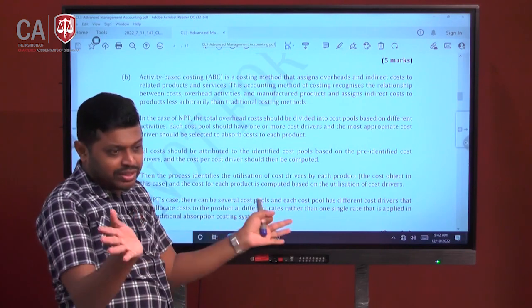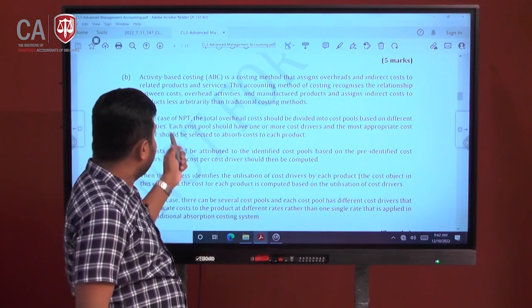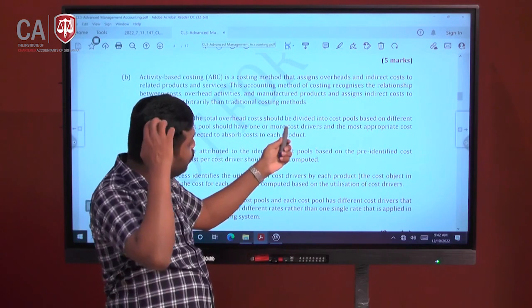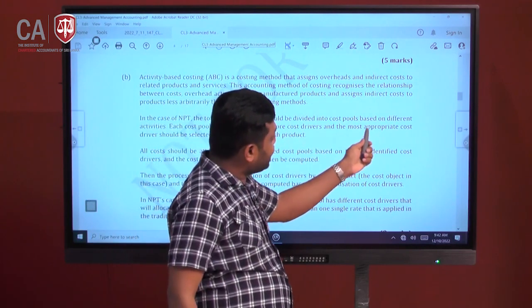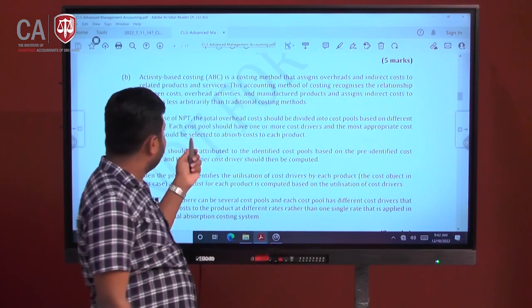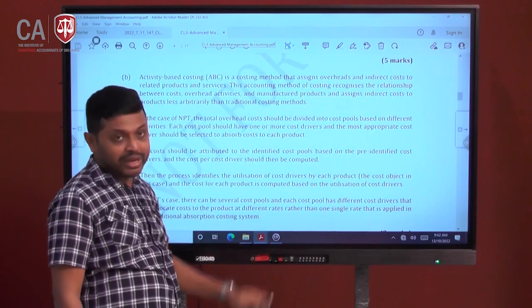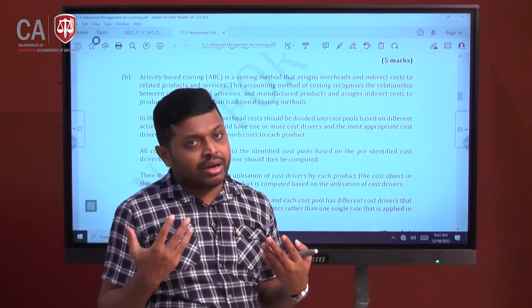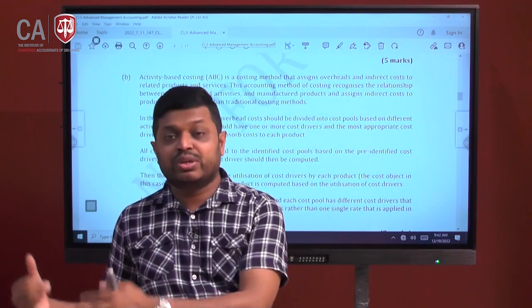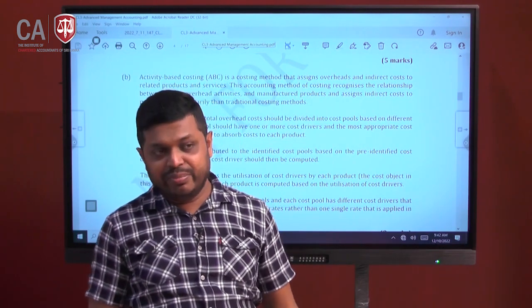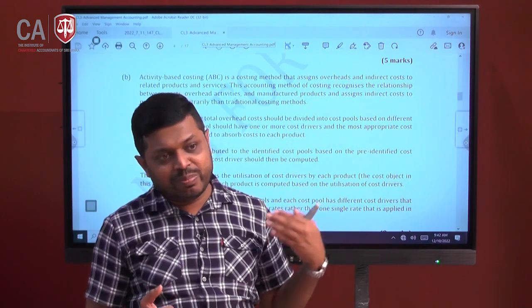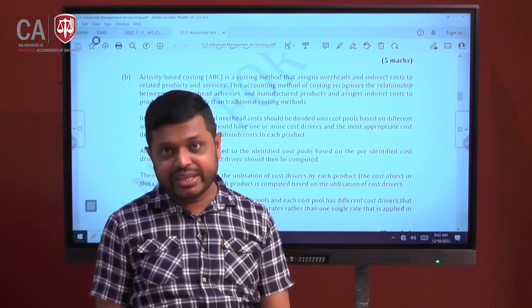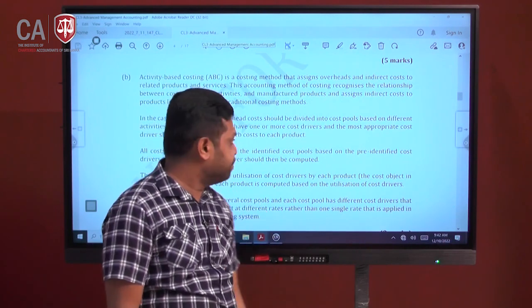Each cost pool should have one or more cost drivers, and the most appropriate driver should be selected to absorb cost to each product. That means if you assume machine running cost, the suitable cost driver is machine hours. Then based on machine hour consumption, you allocate the machine related cost. That is the best way to do it.